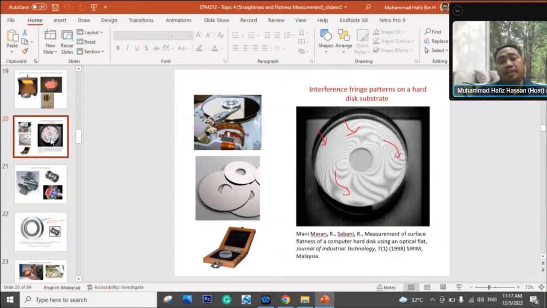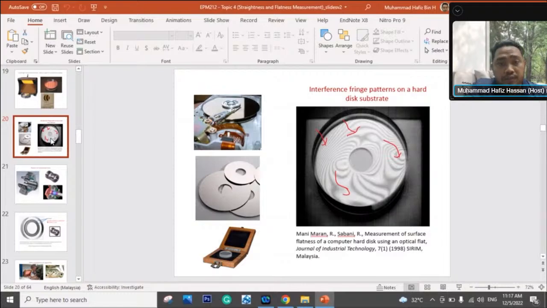With the naked eye, we can see the surface looks flat, but after we put the optical flat on top of the surface that we want to measure, there are various types of fringe. From that we know the surface is not flat enough, because there are various patterns of the fringe.